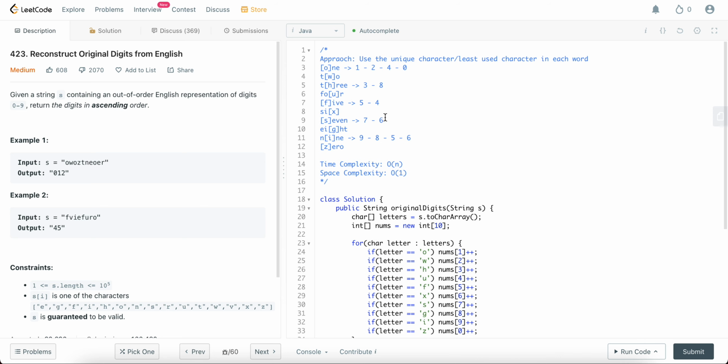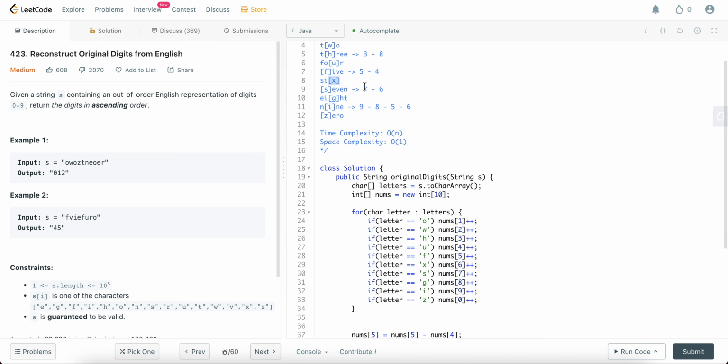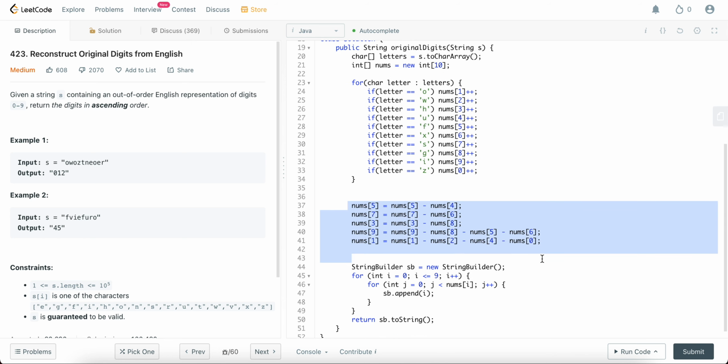You can do that for 7 as well, because S appears in 6 and 7, but we know the number of times 6 appears because we're counting X, right? And you just subtract the number of times you've seen 6 from 7, and that's how you get the actual times that 7 appears. And you do that for all of the numbers.